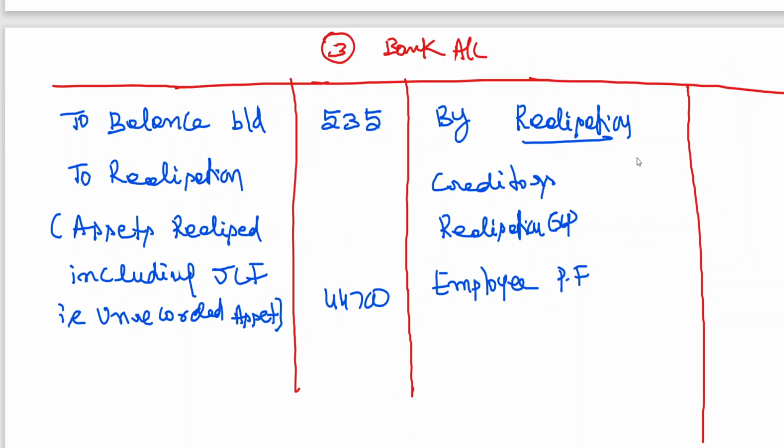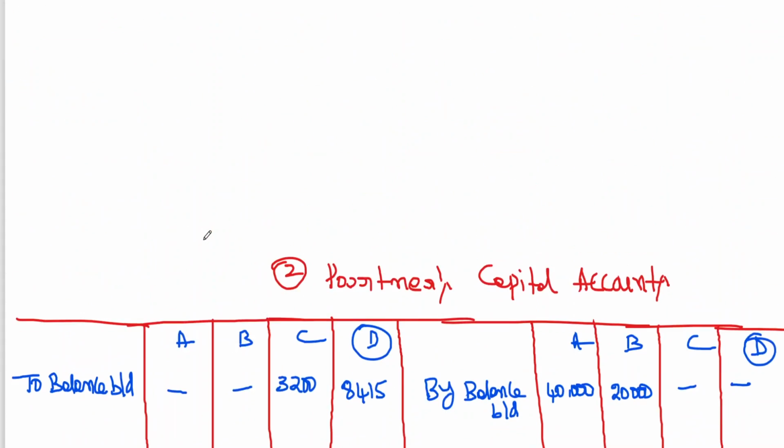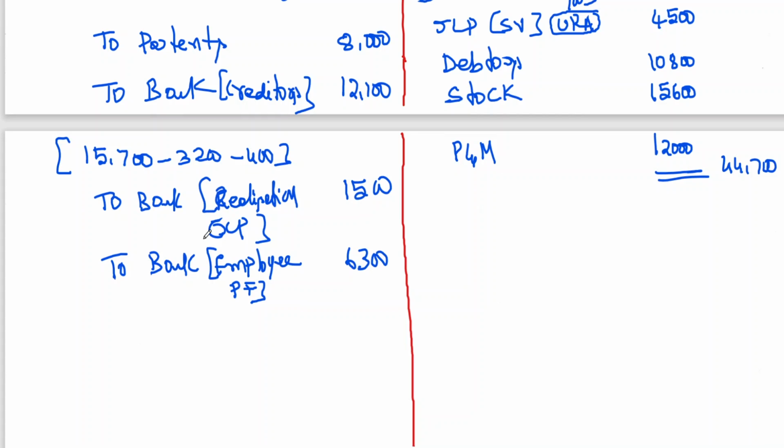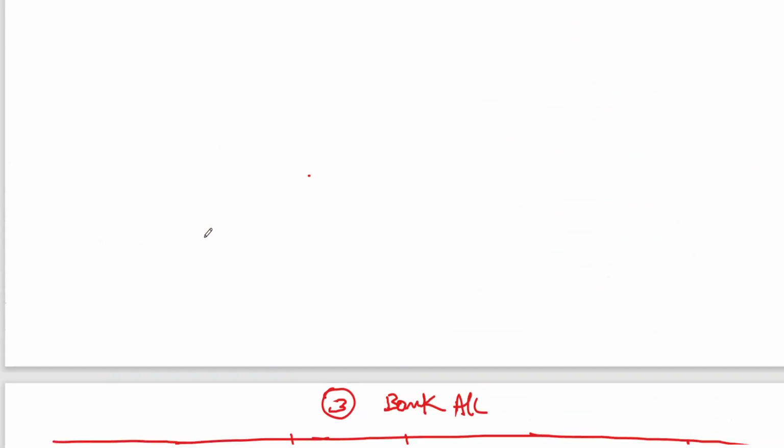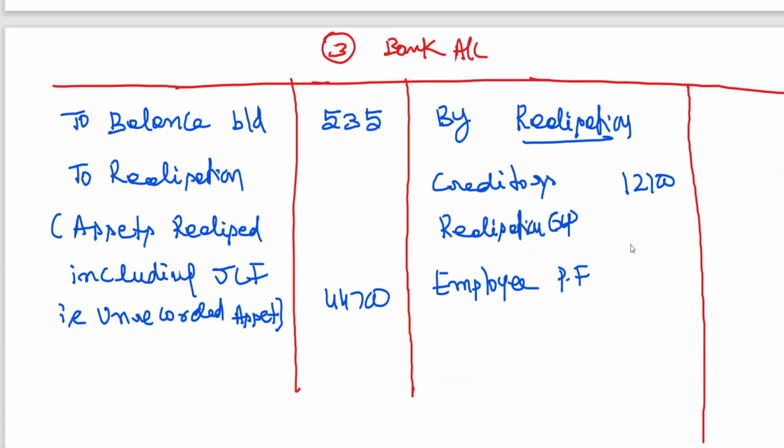Creditors is 12,100, realization expenses 1,500, employee provident fund 6,300.